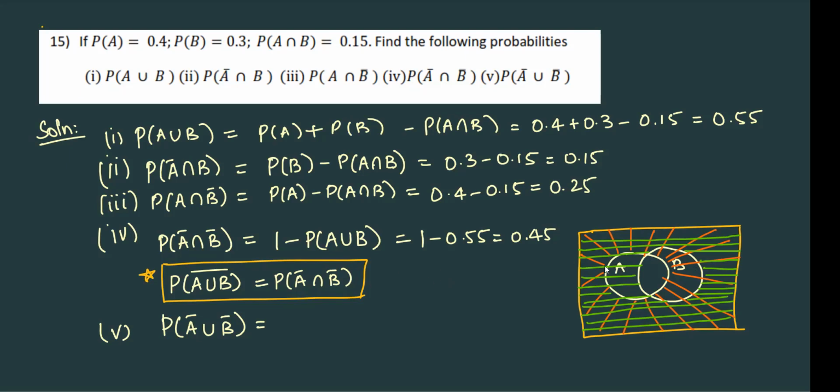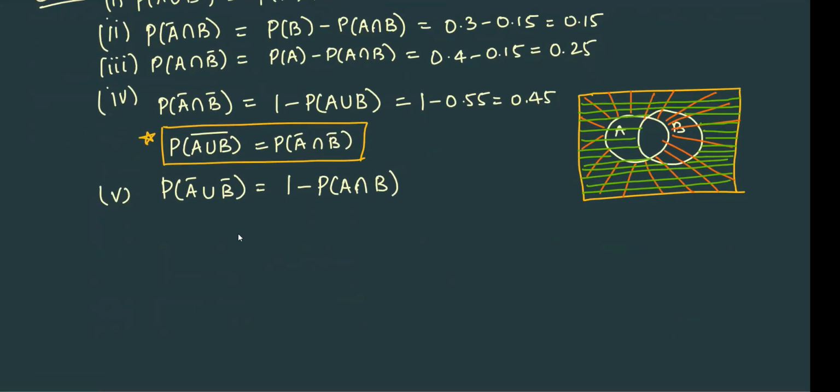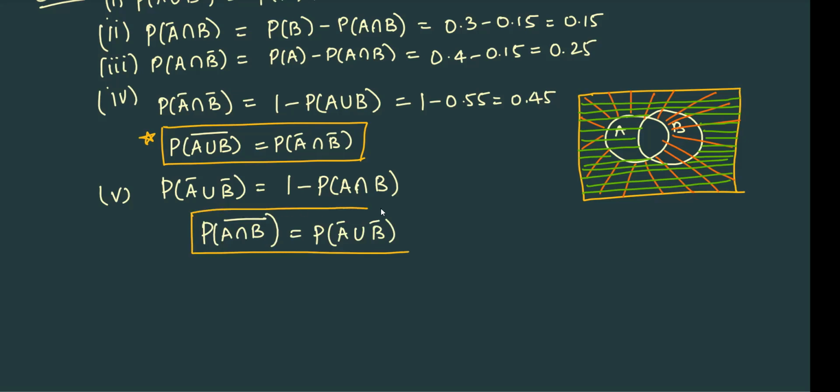So that is nothing but total minus P of A intersection B. So this is 1 minus P of A intersection B bar. So this also is an important result. P of A intersection B whole bar is P of A bar union P of B bar. These two are very important results in this addition theorem.